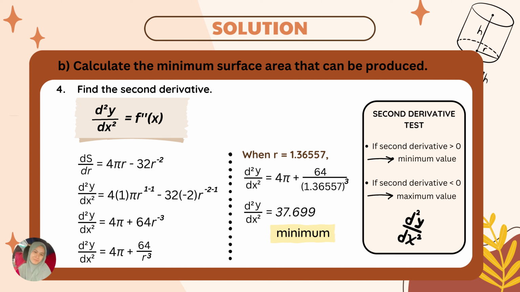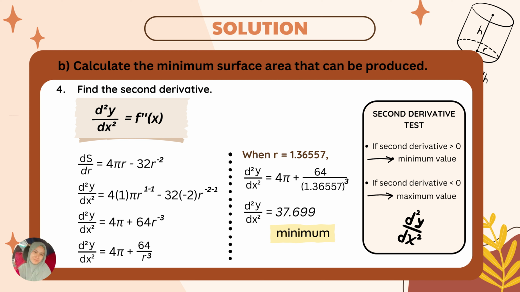If the second derivative is positive, the value of r will give a minimum value of S. But if the second derivative is negative, the value of r will give a maximum value of S. After we differentiate 4 pi r minus 32 r to the power of negative 2, we get the second derivative equal to 4 pi plus 64 over r cubed.